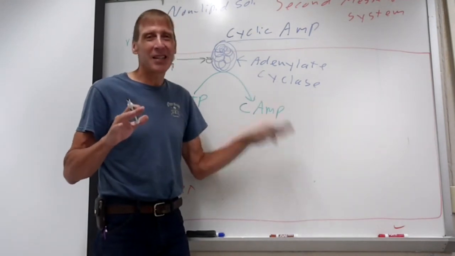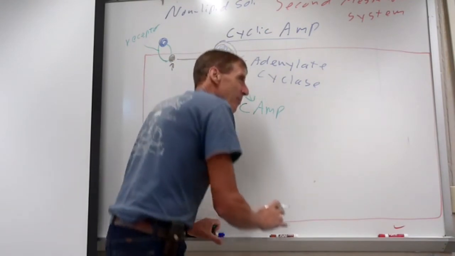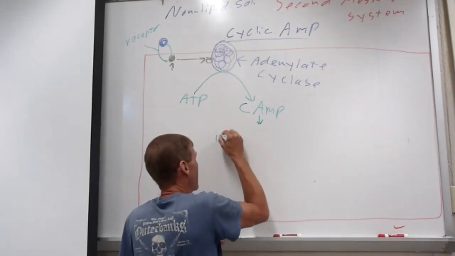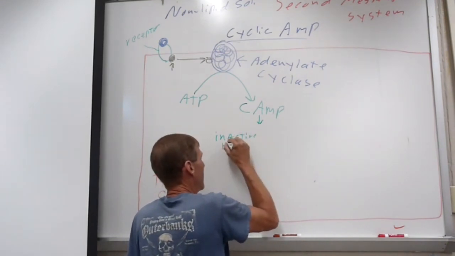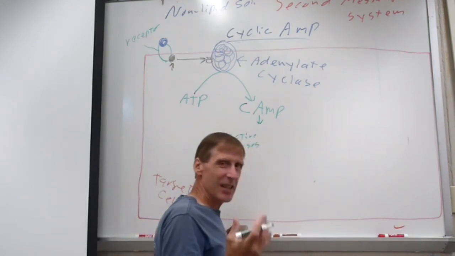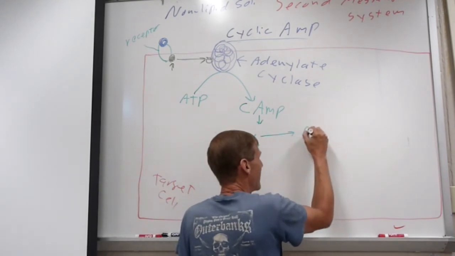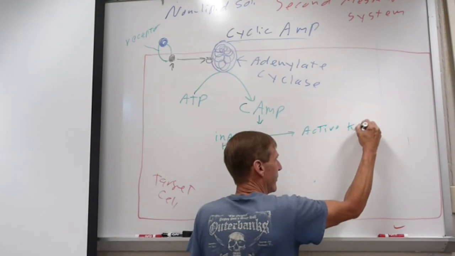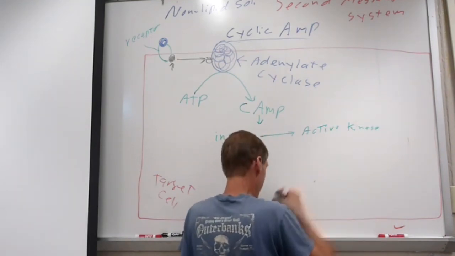Now, what does it do? I'm going to give you a big enzymatic cascade. The diagram will be pretty to see because I may skip a few steps. But basically, what cyclic AMP will do is take inactive protein kinases. These are enzymes that act on proteins within the cell, and it turns them into an active form. Now, what do the active kinases do?